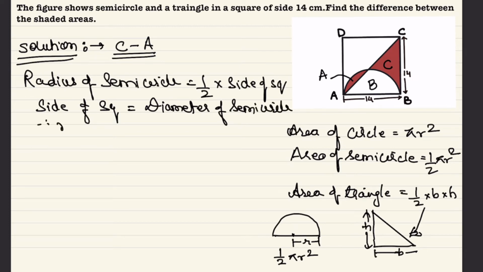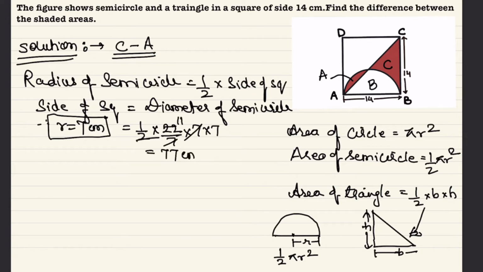So, the radius will be 7 centimeter. So, this is half into 22 by 7 into 7 into 7. We can use the value of pi as 22 by 7 or 3.14. We are taking 22 by 7. So, this is 77 centimeter square.